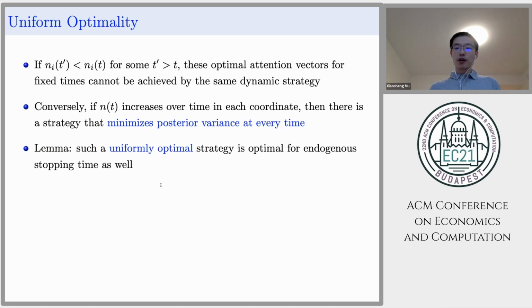Now, in our problem, the stopping time is endogenous. So there is a distribution of stopping times. We have to worry about how to connect these different t-optimal attention vectors.